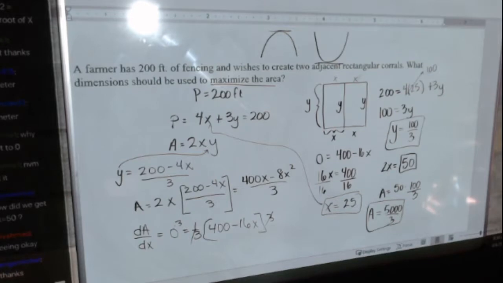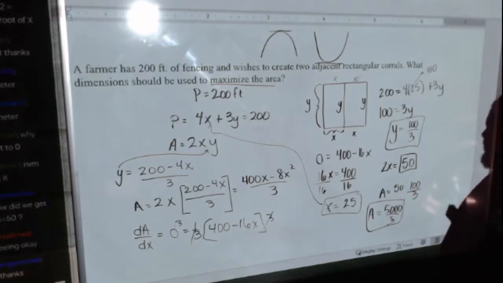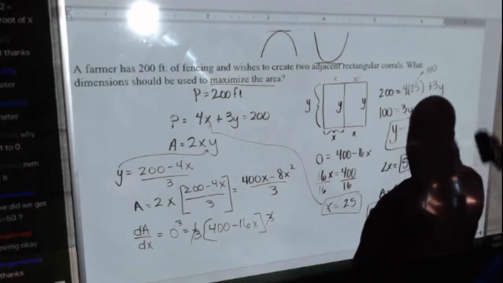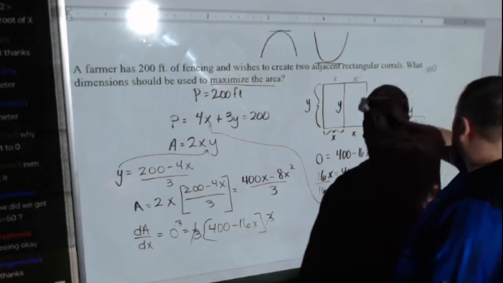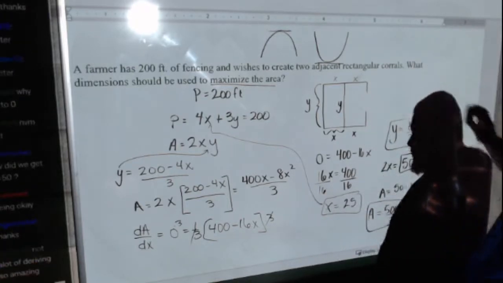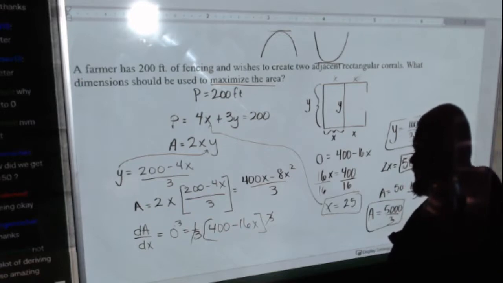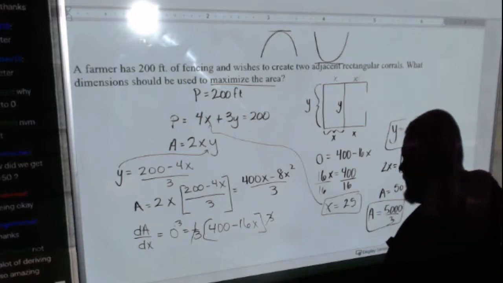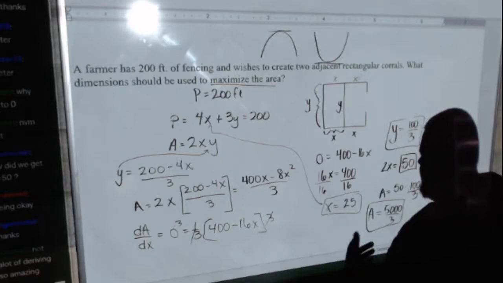Yep, no problem. So again, the hard part about these is really, yeah, the derivatives so far haven't been so bad, but the hard part is really just getting the equations out of the word problems.